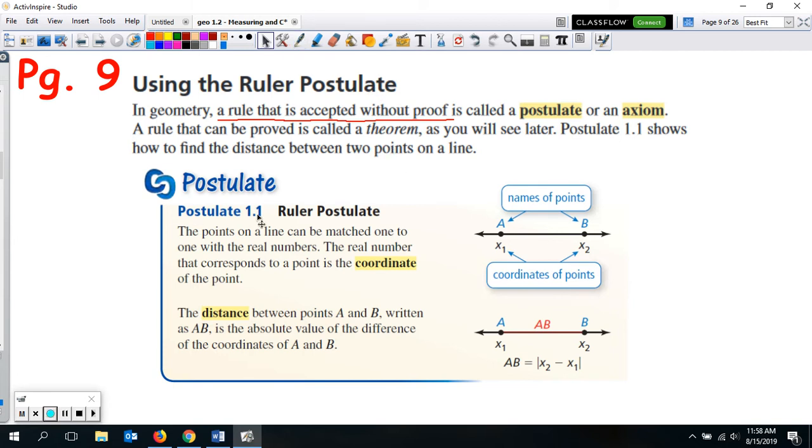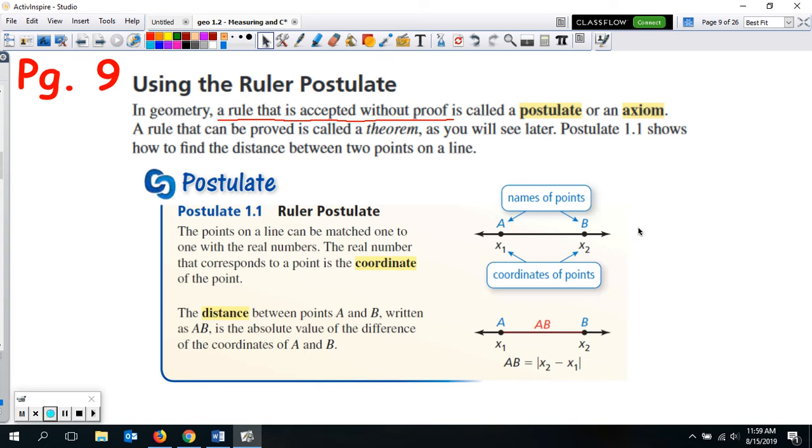In this postulate 1.1, the ruler postulate, you can see it says the points on a line can be matched one to one with the real numbers. The real number that corresponds to a point is the coordinate of the point. Then we have a line here with A and B. The names of the points are A and B. Here are the coordinates, x1 and x2.